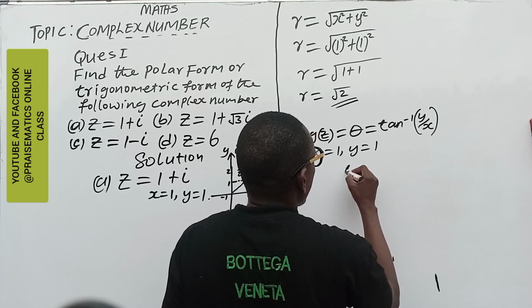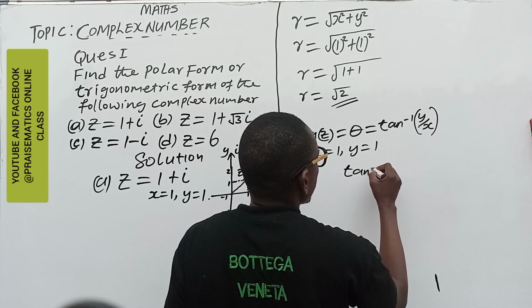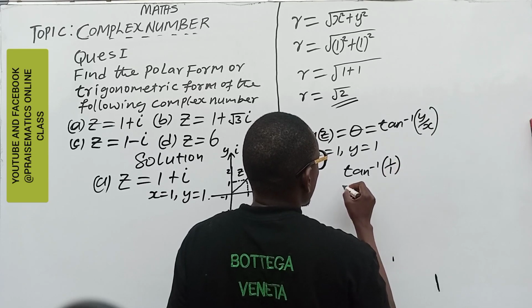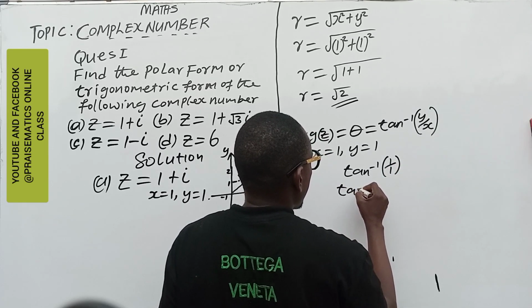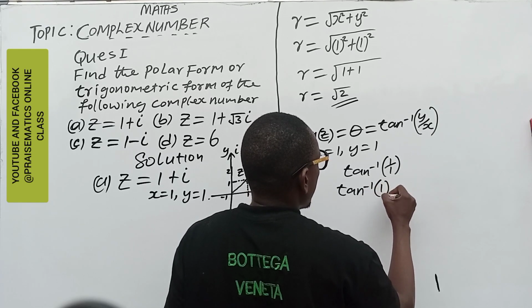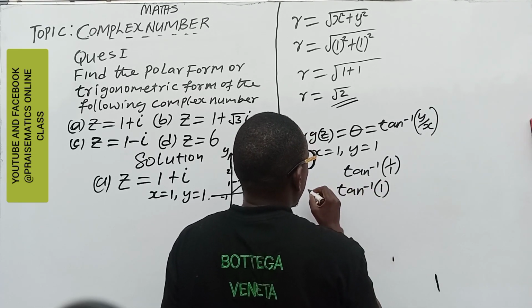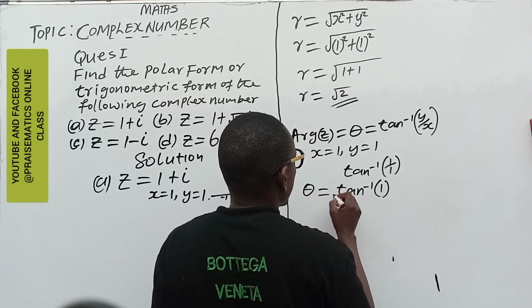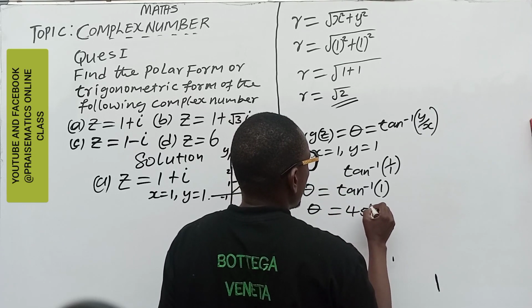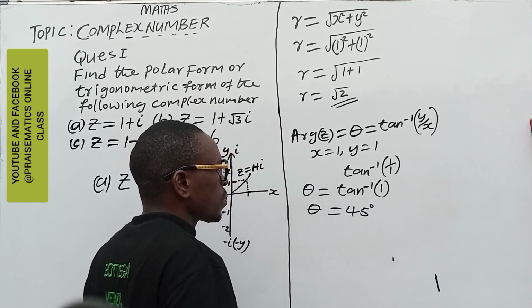From this we have tan inverse of 1 over 1, which means tan inverse of 1. And tan inverse of 1, theta is equal to 45 degrees.